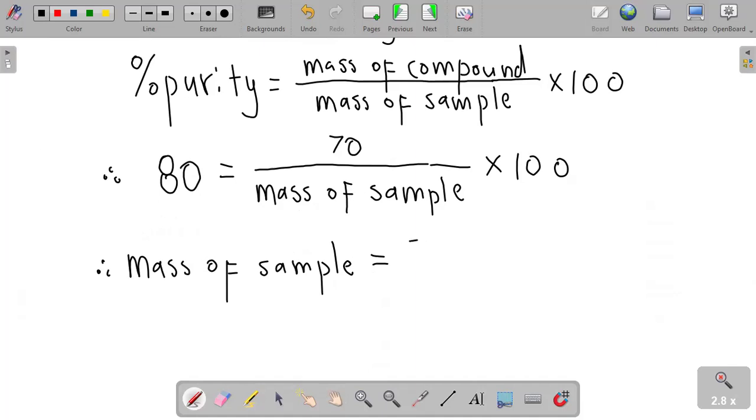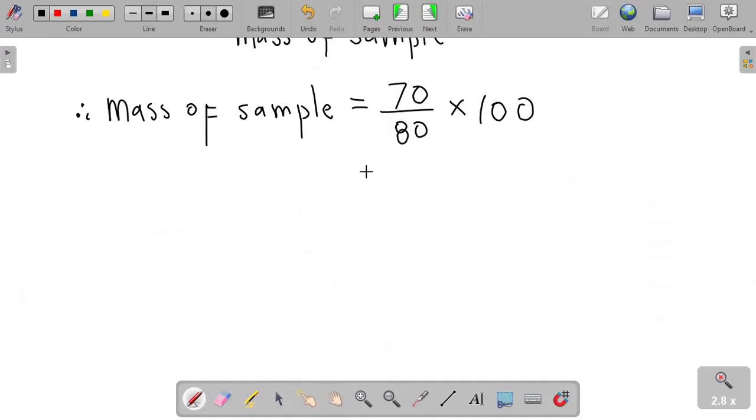The sample that should be used is going to be 70 divided by 80, multiplied by 100. Use a calculator here, and it gives me 87.5 grams.